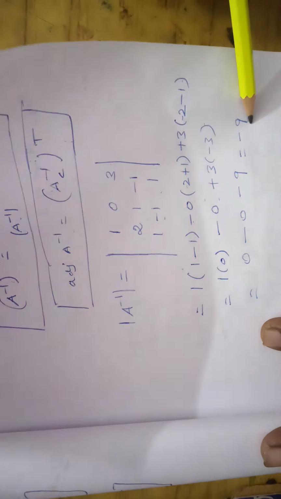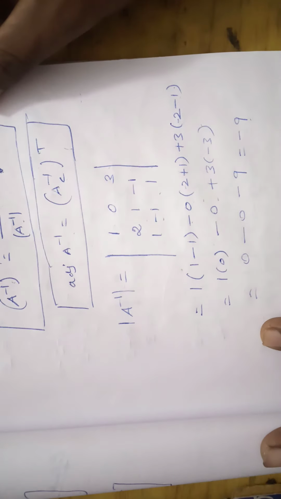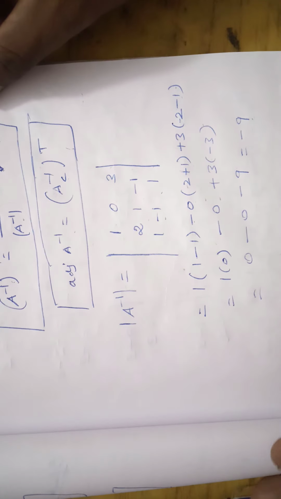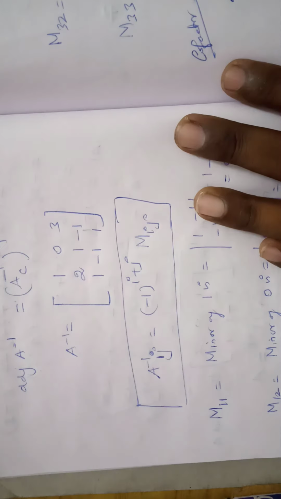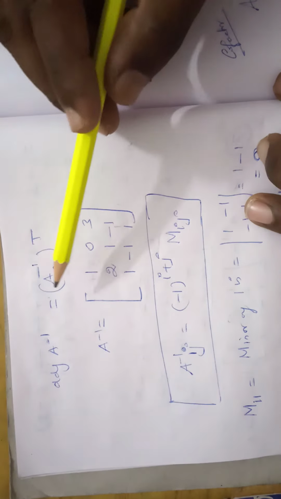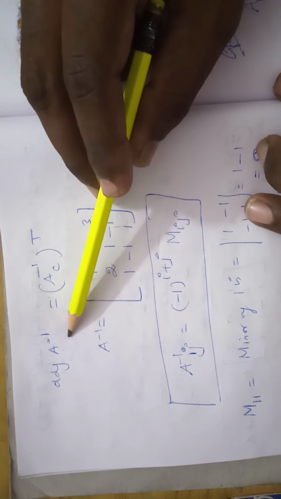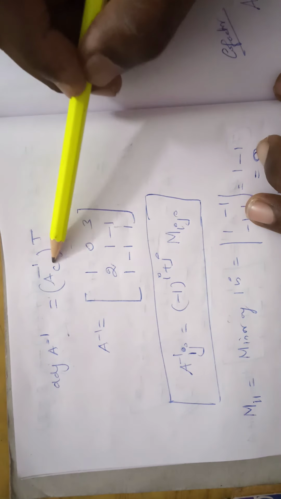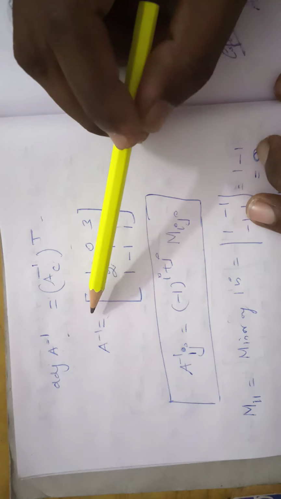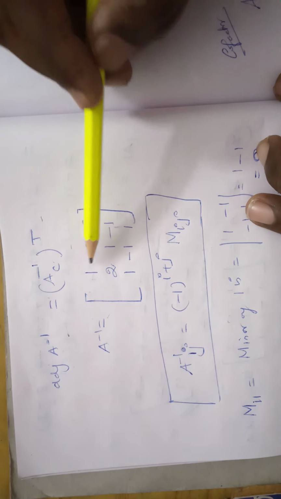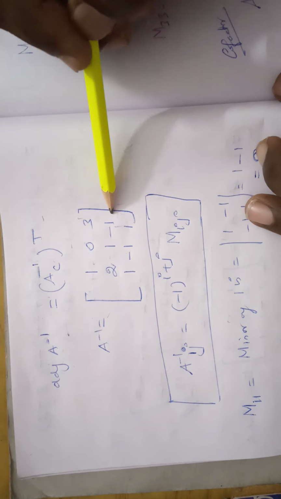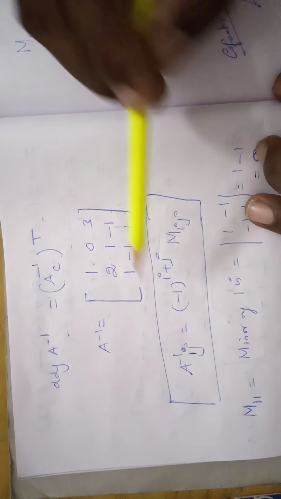The value is minus 9, so the determinant of A inverse equals minus 9. Next we have to calculate the adjoint of A inverse, which is the transpose of the cofactor matrix. A inverse can be taken as [1 0 3; 2 1 -1; 1 -1 1].